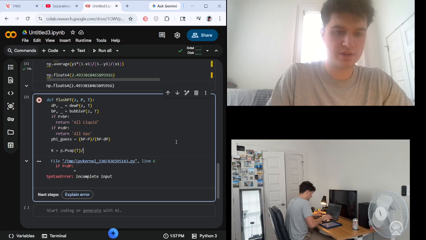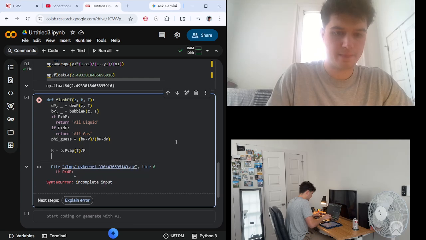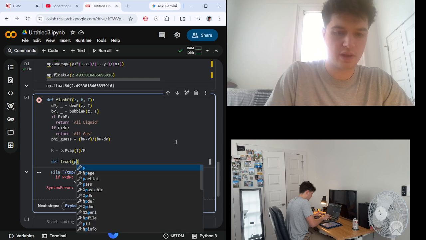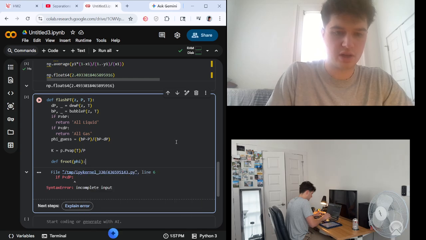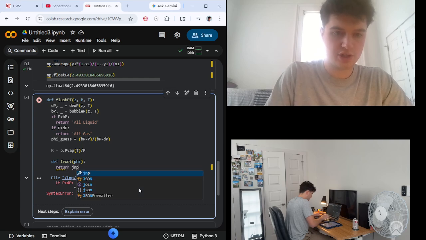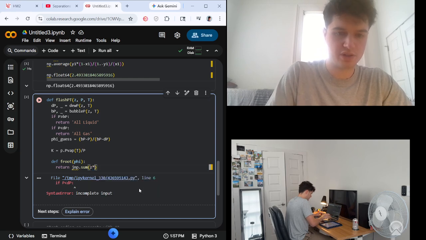And then the final step in this is going to be defining the Rachford-Rice function, which we have done before, which is a function of phi. And then we are going to want to return the sum, and then we have a long equation here, which is going to be our Z value times K minus 1.